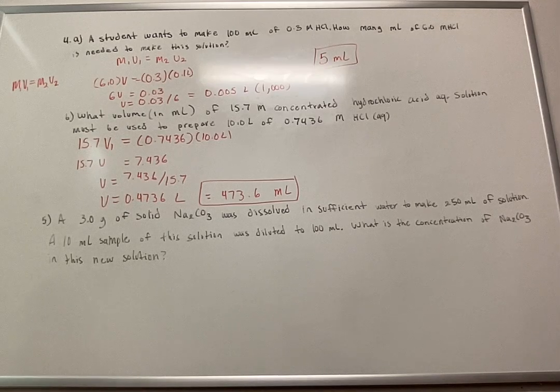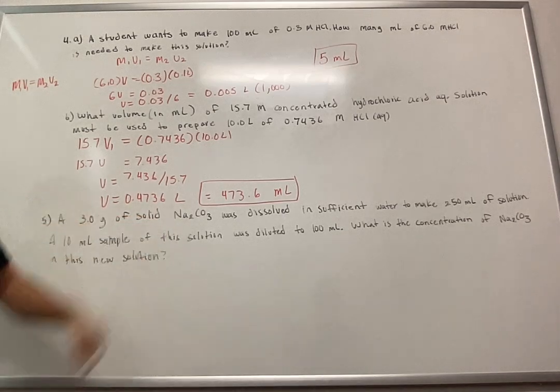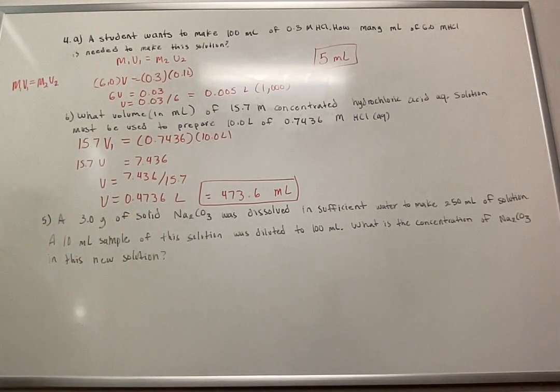Okay, so molar concentration. Remember, we have to find the concentration first. How do I find the concentration? Well, they give us the mass of solid Na2CO3. We need moles first.